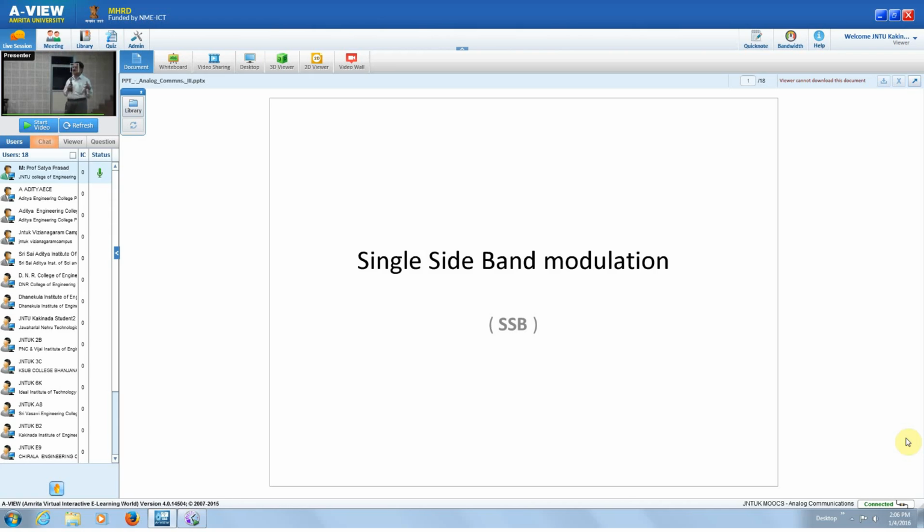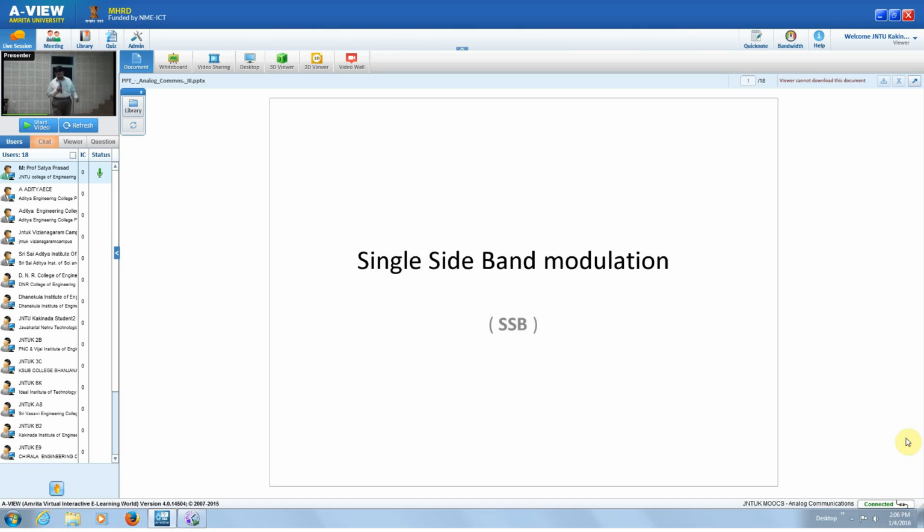Whereas if you modulate another signal m2 of t with sin omega ct, because these two signals are in quadrature, they will not interfere with each other, and with the same bandwidth of 2 FM we will be able to transmit both signals, so that at the receiving end, with a quadrature receiver and an in-phase receiver, we can get back both the transmitted signals m1 of t and m2 of t.